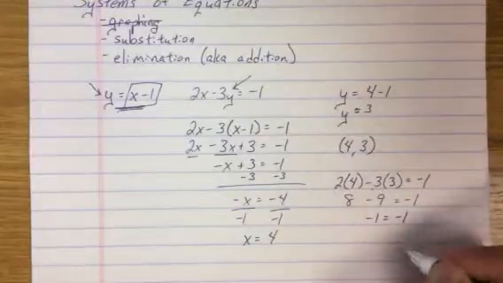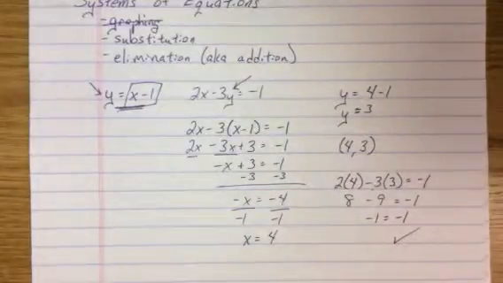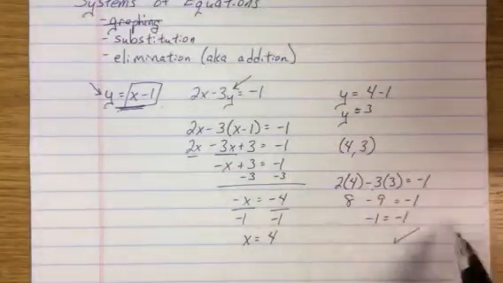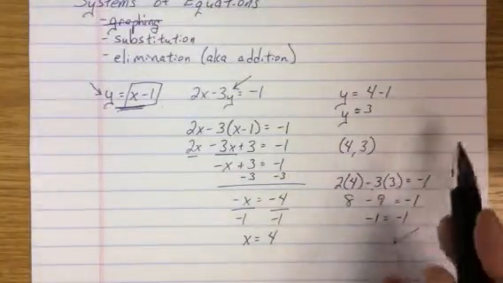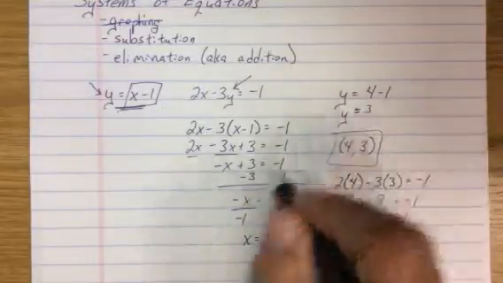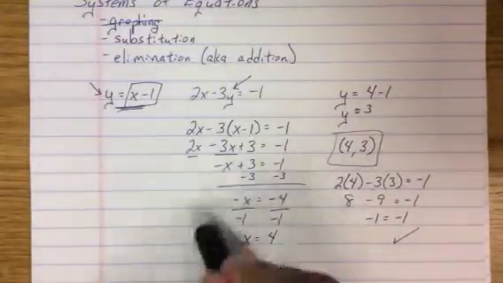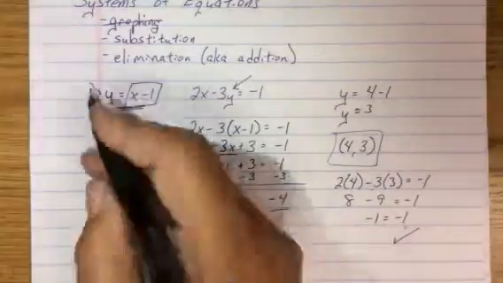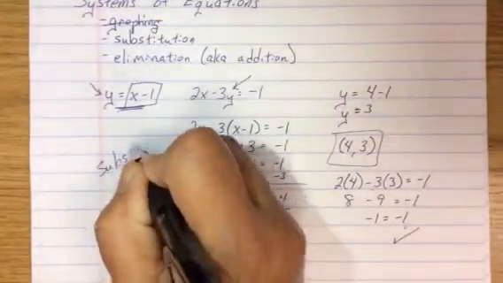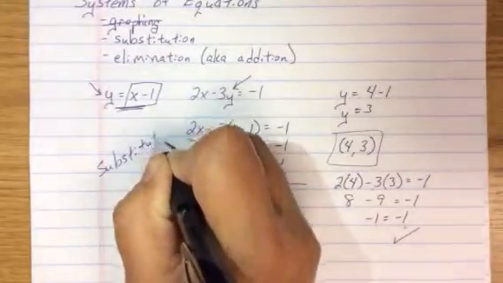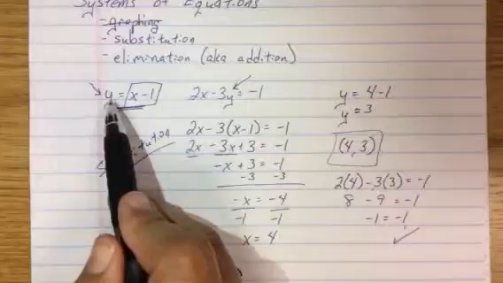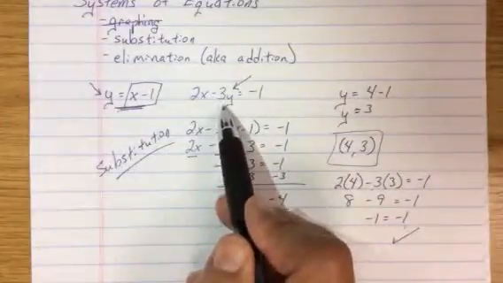I have a true statement, thus it's checked. The check step is not typically a required step. However, if you made a math error figuring your points, the check step will catch it. This method is called substitution, because I substitute one part of one equation in for part of another.